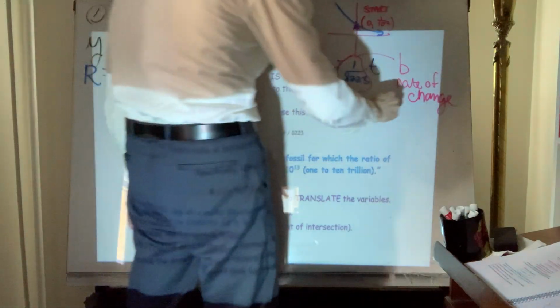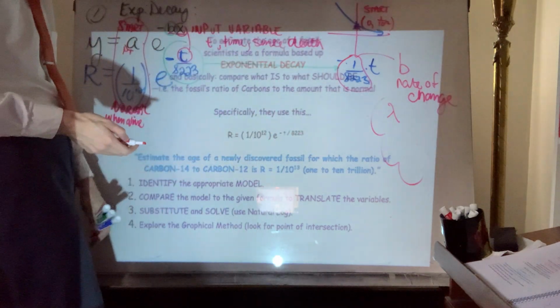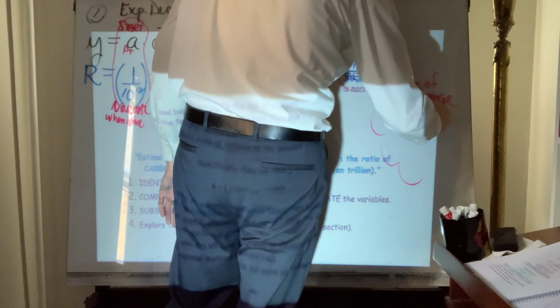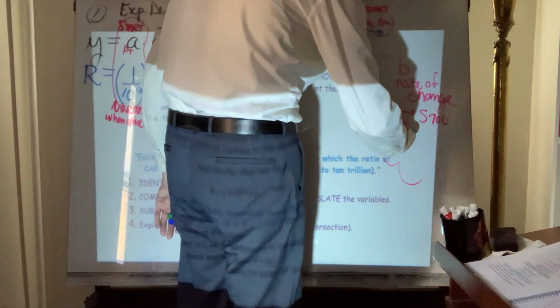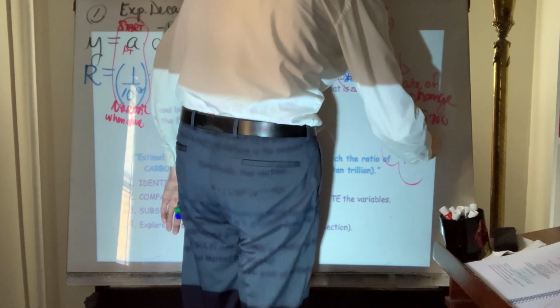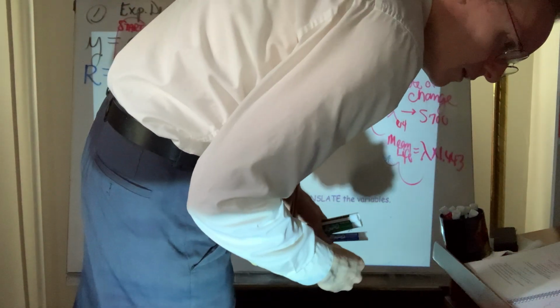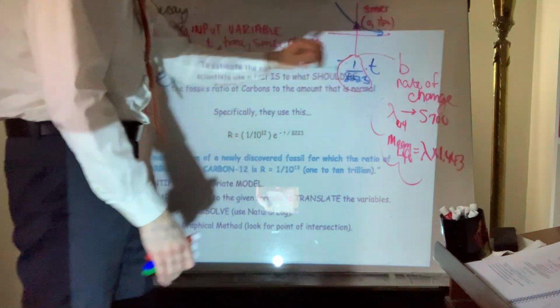The actual half-life, denoted by the lambda symbol, for something like carbon-14 would be, I believe, 5,700 years, something like that. The mean life would be that figure times 1.443. And that's how you get this figure of 8,223.